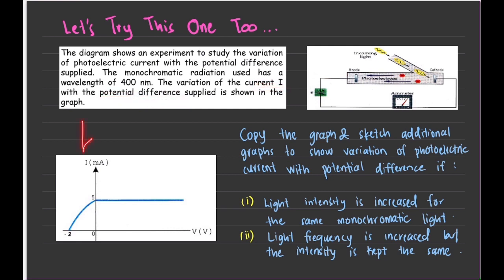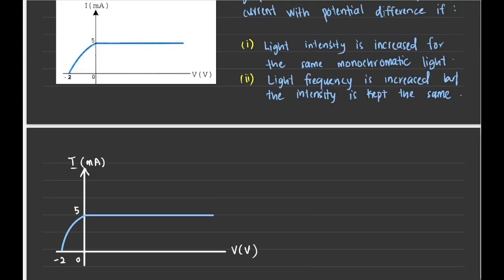Here is the graph. The question says, copy the graph and sketch additional graphs to show the variation of photoelectric current with potential difference if the light intensity is increased for the same monochromatic light, and if the light frequency is increased but the intensity is kept the same. So we need to copy the graph first.